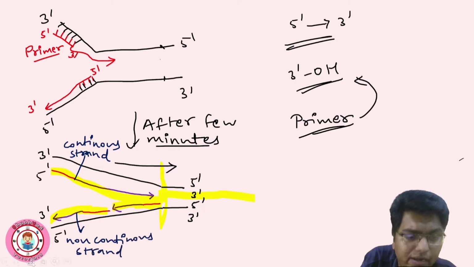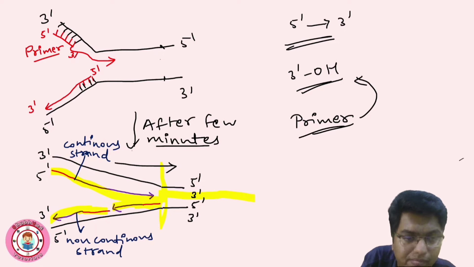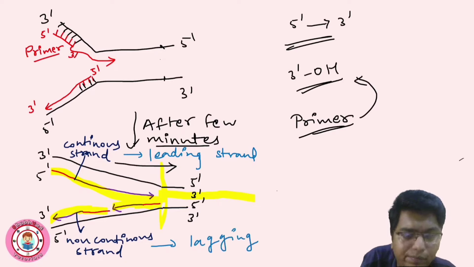The continuous strand is known as the leading strand. And the strand which is not continuous is known as the lagging strand. These are the important characteristics of DNA replication.